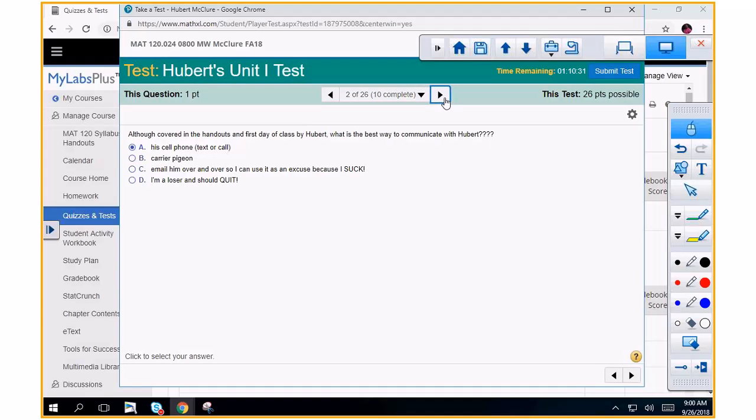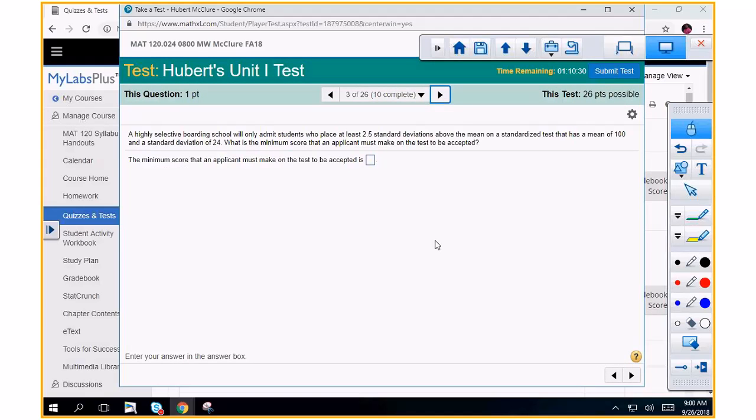Okay, a highly selective boarding school will only admit students who place at least 2.5 standard deviations above the mean on the standardized test, which has a mean of 100 and a standard deviation of 24. Draw a curve. Put 100 in the middle of it.